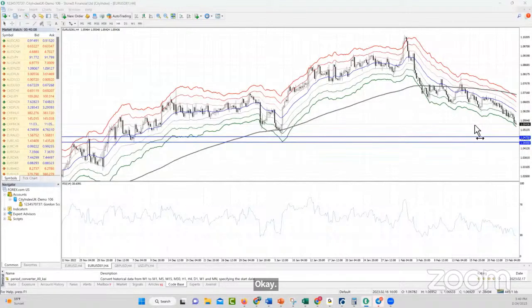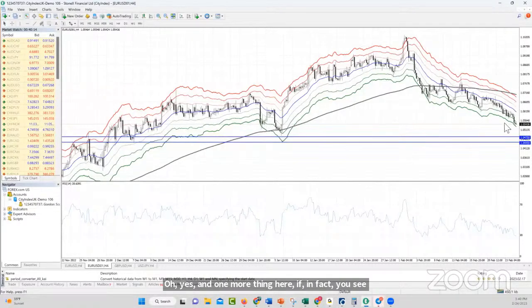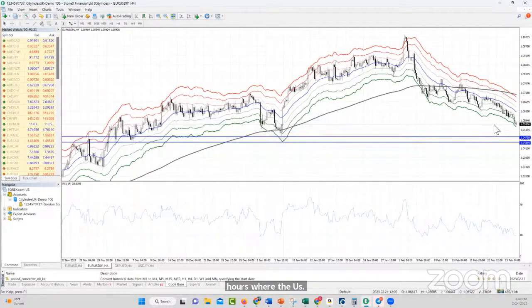Oh, yes, and one more thing here. If you see the euro go down on 2 or 3 of these candles during the hours where the US market is closed, then you know it's going to create a gap.